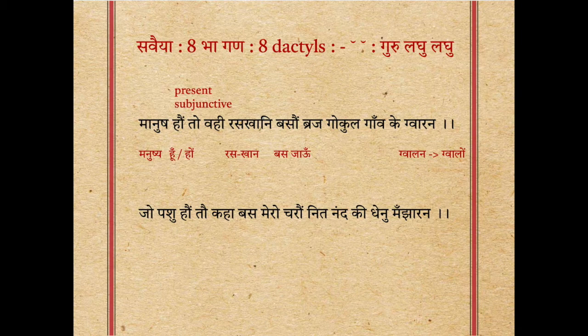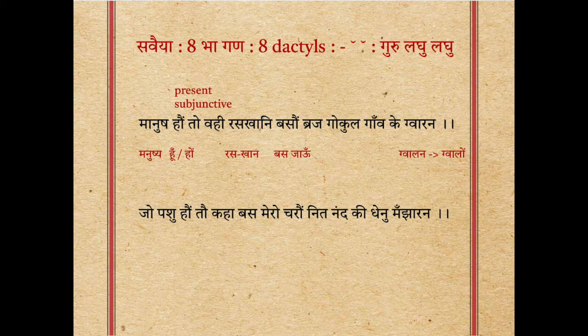Which cowherds? Gokula Gaon ke Gwaran, the cowherds of the village of Gokul. And where are they? They are in Braj. So again, with Braj as well, we have to infer that it's in the locative case. In other words, in modern Hindi, we would say Braj mein or Braj ke andar. So, to take the line all together, if I should be reborn a human, then may I dwell, as the same Raskhan, in Braj among the cowherds of the village of Gokula.